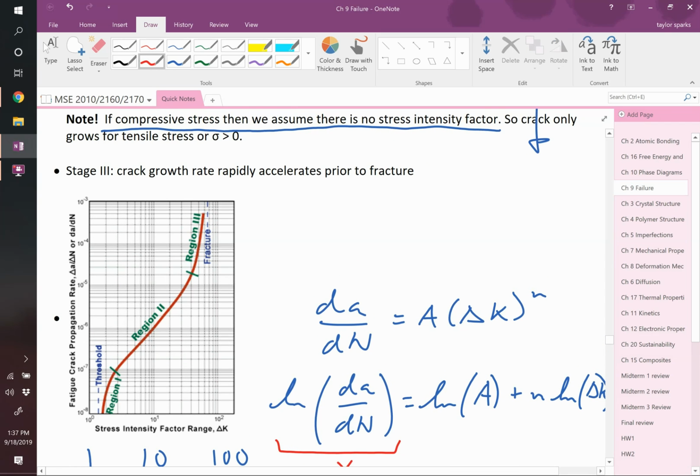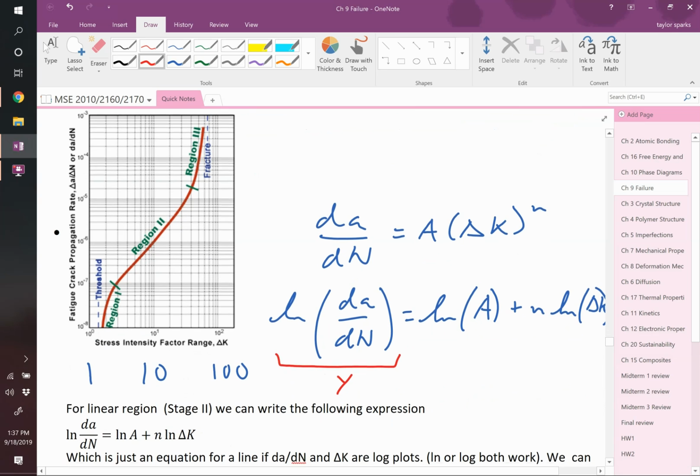And the x-axis is a log scale of the stress intensity factor, right there. So all of a sudden, we can make this look like y equals mx plus b. The slope is going to be this n, this material constant n, related to the crack growth rate. And then b is going to be natural log of this other constant, A.